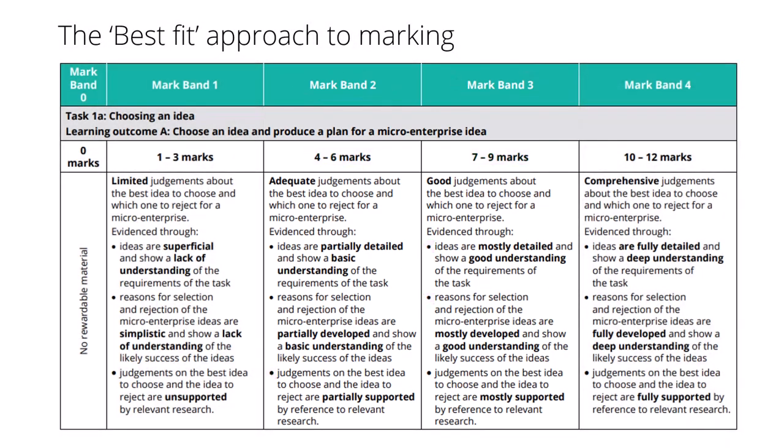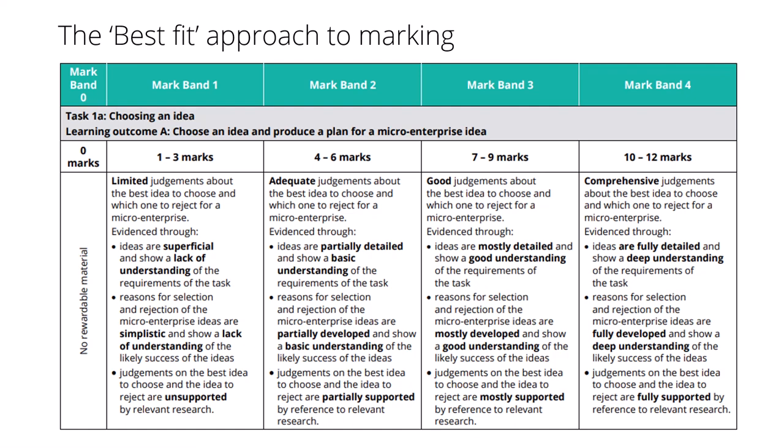After placing the learner's response within a mark band, the assessor should then make a more refined judgment as to whether the learner's response is towards the higher, lower or middle point of the mark range for that mark band, and allocate a final mark accordingly.